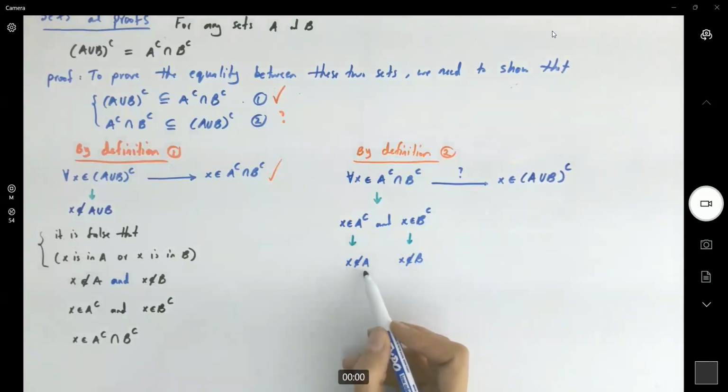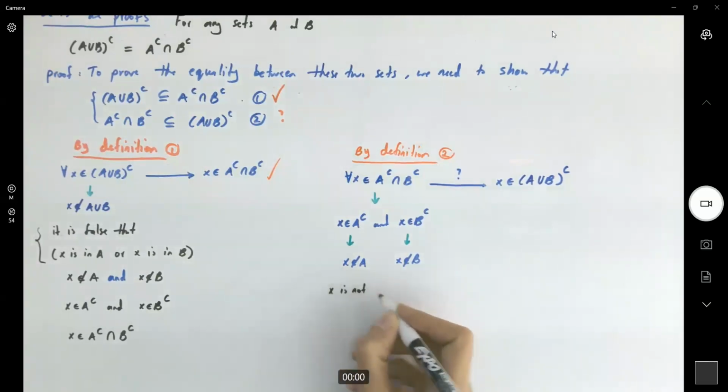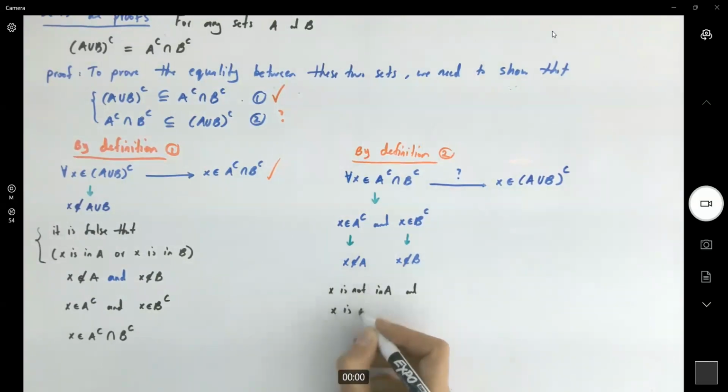X is not in A and X is not in B. So let's write it in English. X is not in A and X is not in B. Very good.